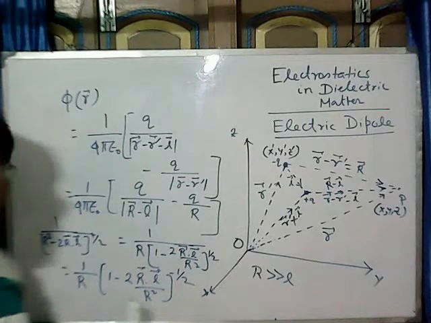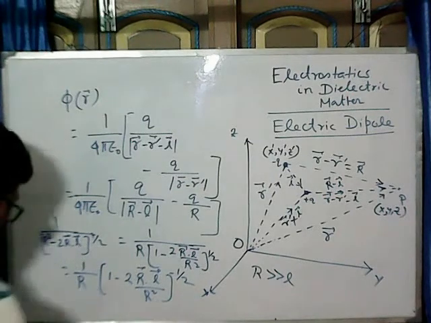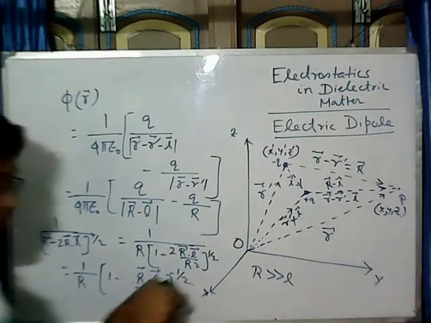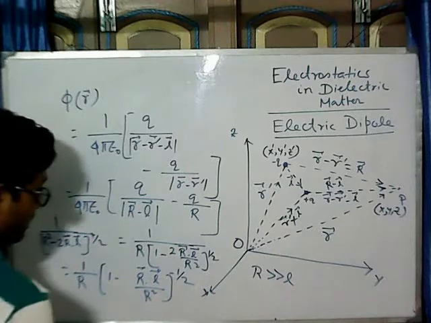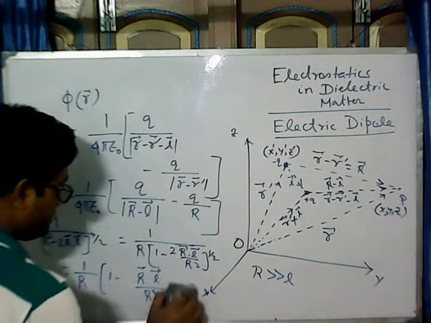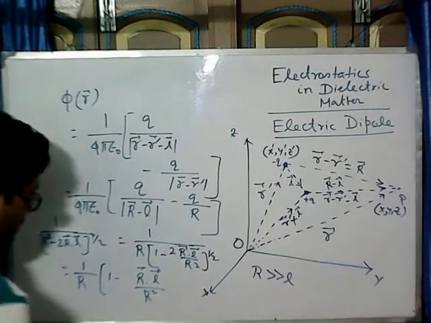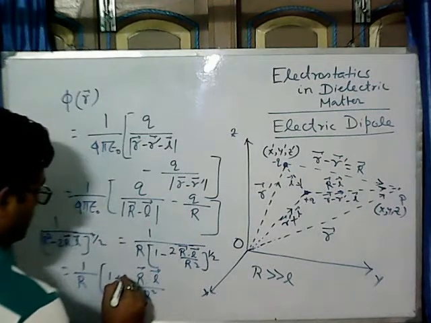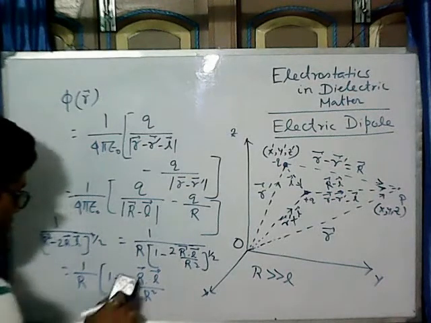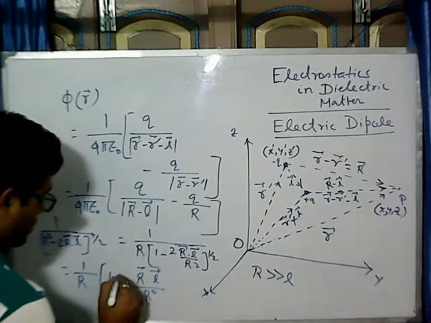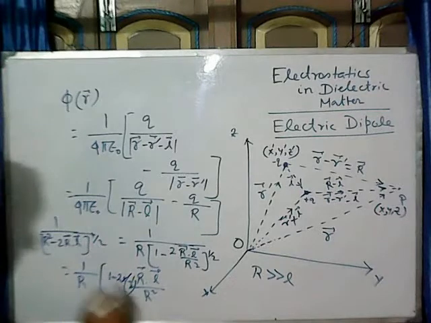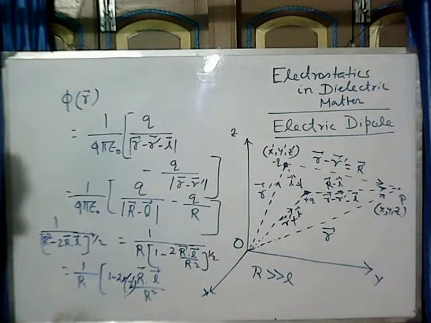So the power minus half will come here, and we can write it like this. So there was minus. So how is it? Minus half, so my 2 will cancel and there will be a positive sign.